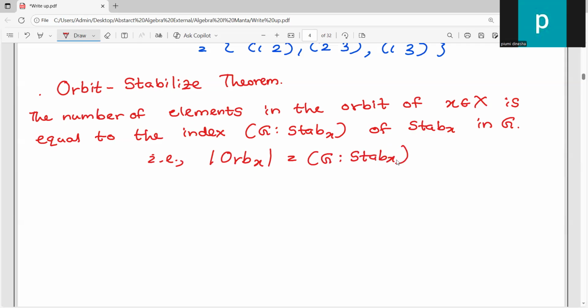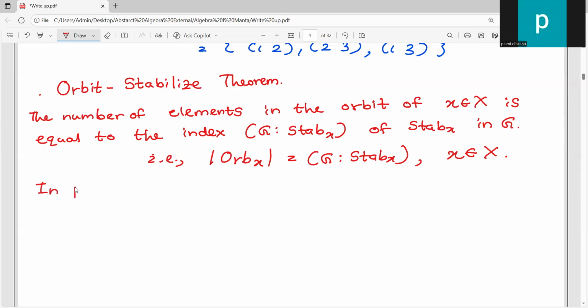But what does this index give you? It gives you the number of left cosets of the stabilizer of x in G, right? Here, x is an element in the set X. In particular, when G is finite, we can simply say that the order of the orbit of x divides the order of the group G, right?